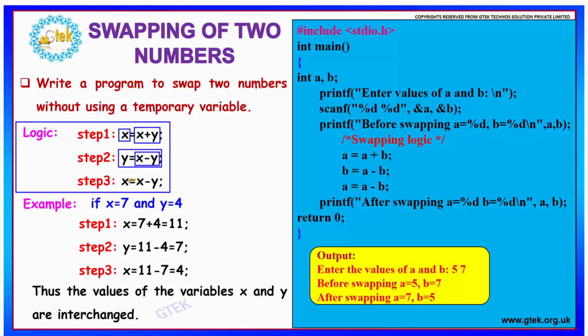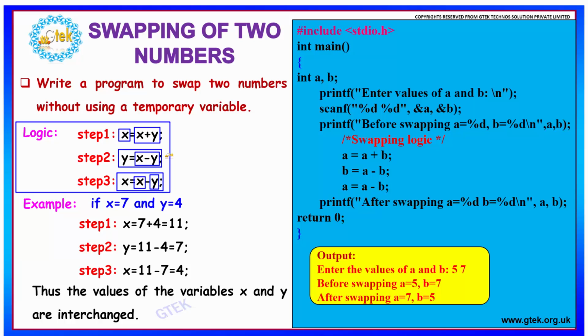And next, the value of x in our step 2 will be the sum of both the numbers. So when we move on to our step 3, x will be nothing but the sum of both the numbers and y will be nothing but x.